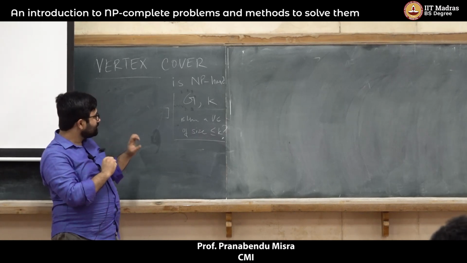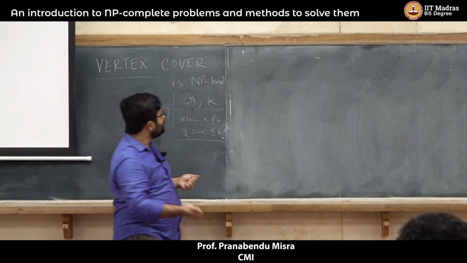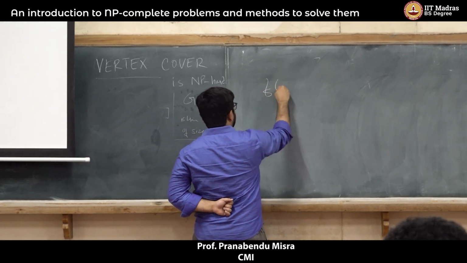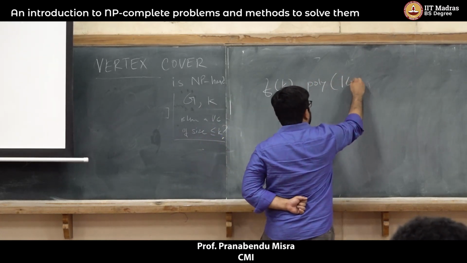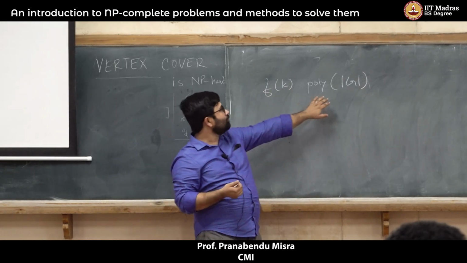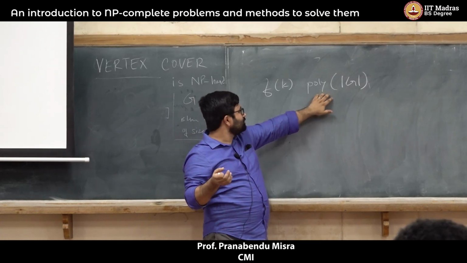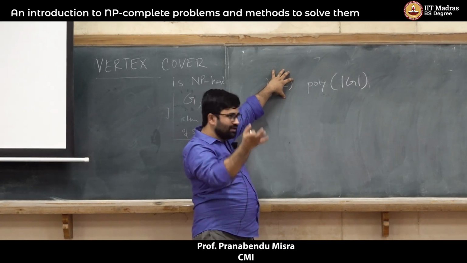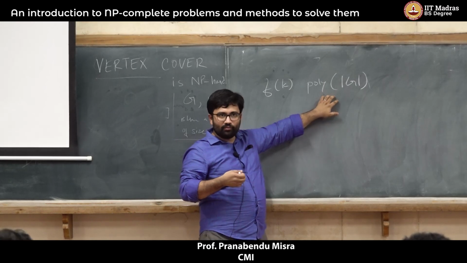Parameterized complexity directly attacks this problem, and it tries to solve it in a running time which is some function of k and polynomial in the size of the graph. Normal polynomial time algorithms, which we call efficient algorithms, run only in this much time. Like maybe BFS or maximum matching, their running time is just some polynomial in this thing.